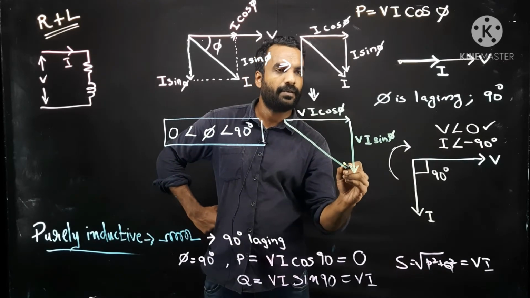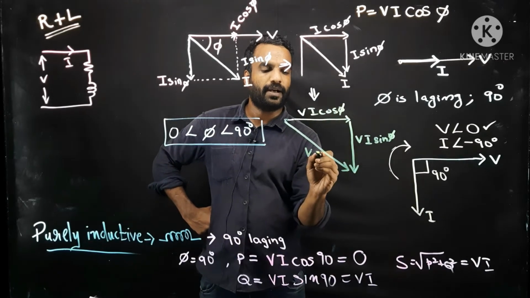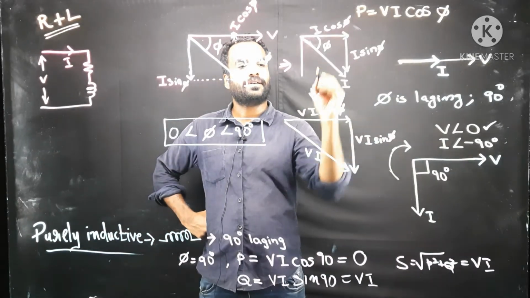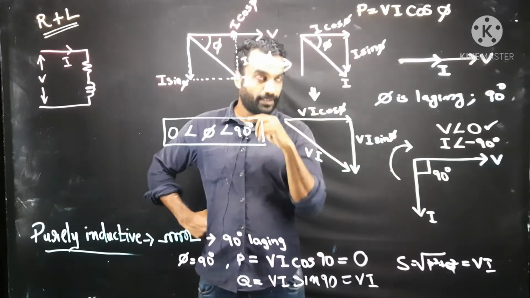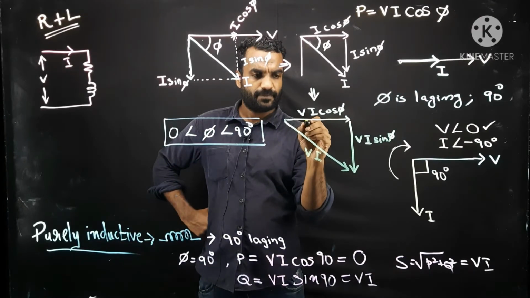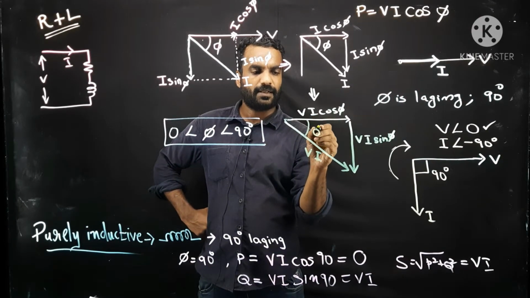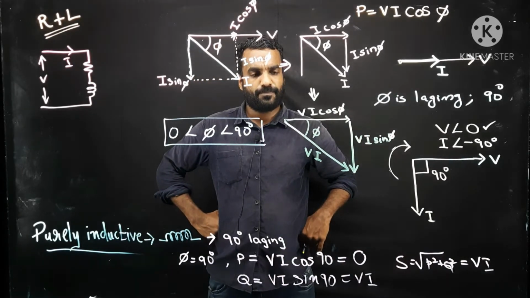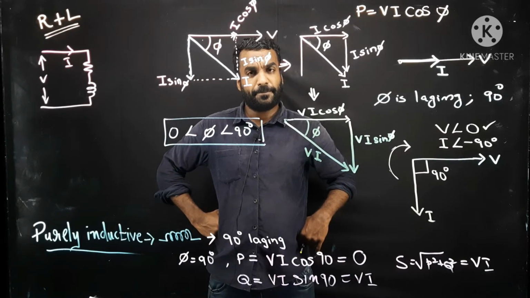Here it will be I into V, that is Vi. If this is phi, this angle will also be phi. Is it okay?